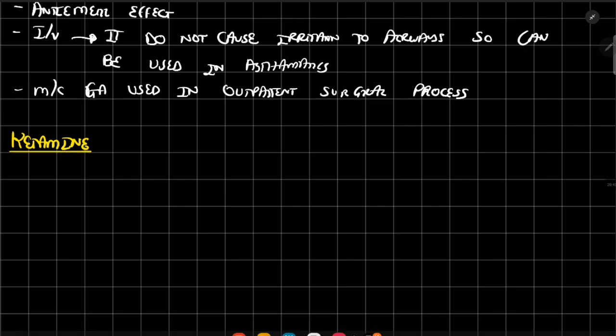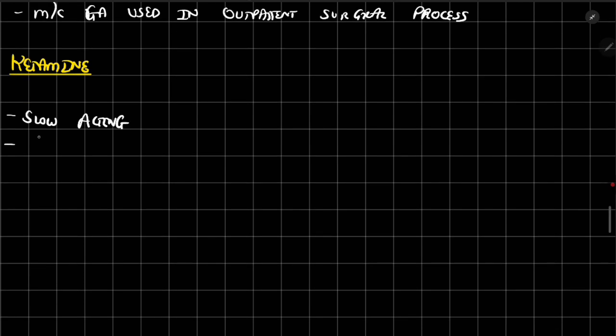Okay, it is one of the most important drugs. It is slow acting. Okay, it has a good analgesic effect. All the anesthetic effects are observed with ketamine. Also it is called a dissociative anesthetic.